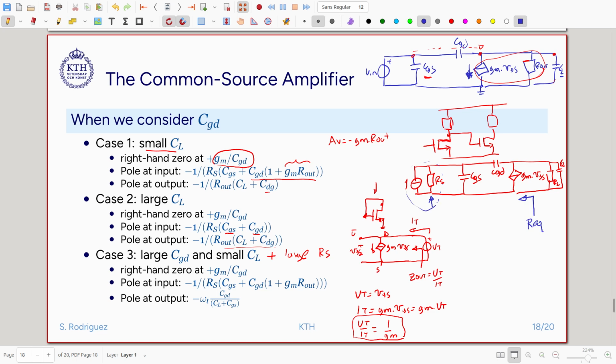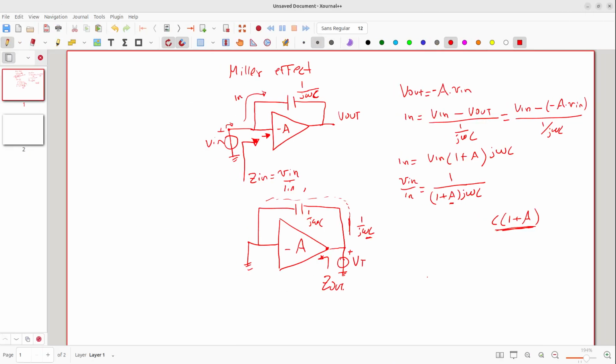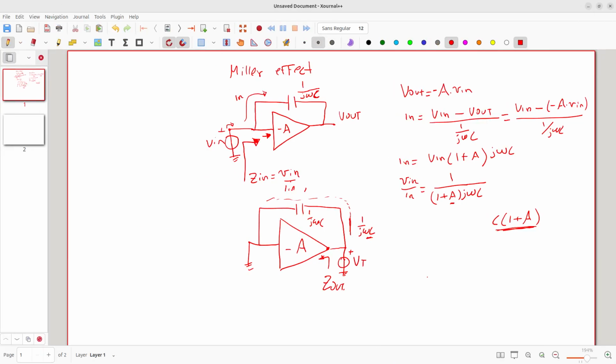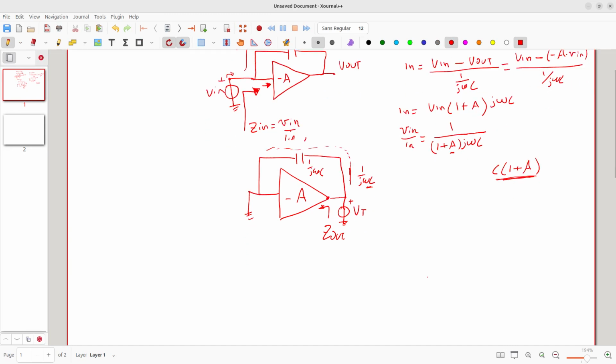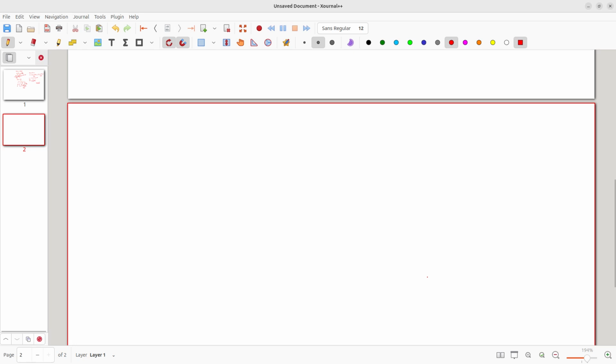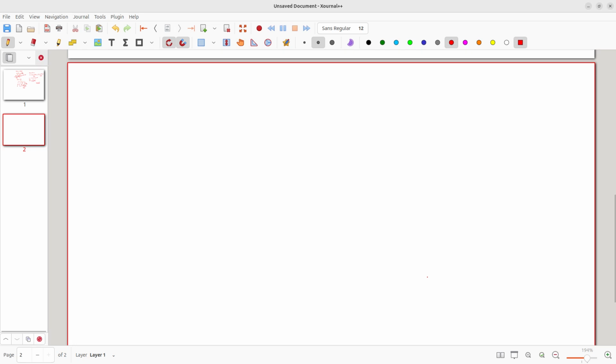I'm going to assume that this is a very large impedance. Okay, so I'm going to move to another blank page here and redraw the circuit. If I just take that part of the circuit, it will look like this.